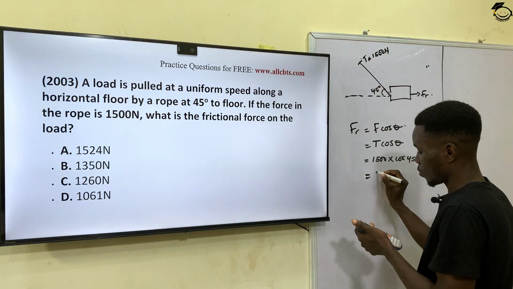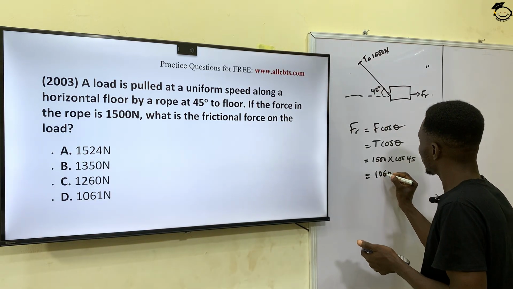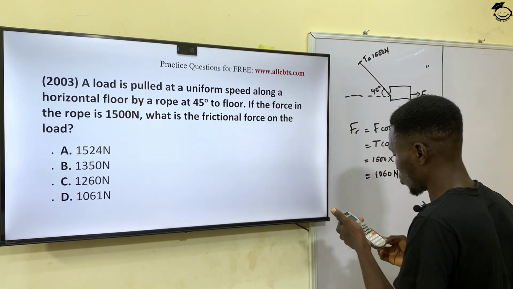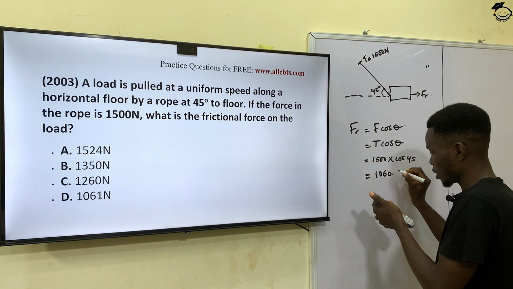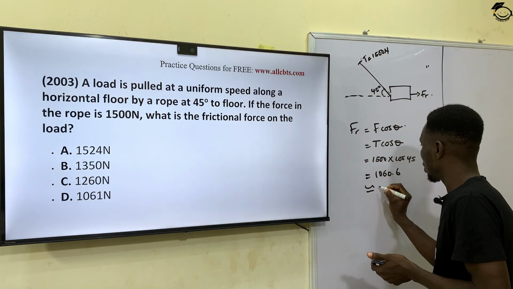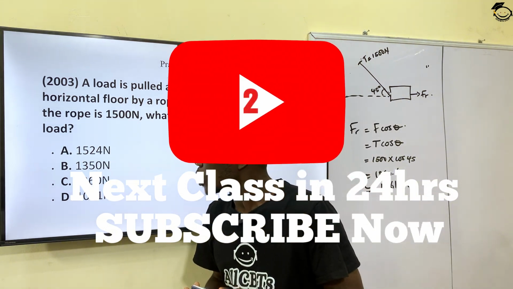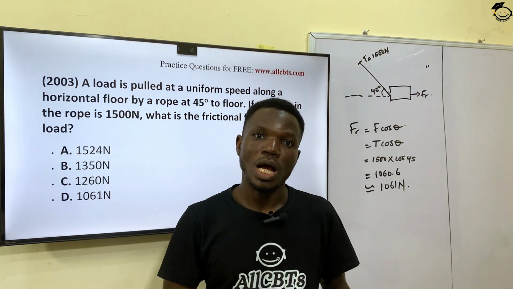That will give me 1060 Newton. So the frictional force here is 1060.6, so this is approximately 1061 Newton. So the correct answer to this question is option D, 1061 Newton.